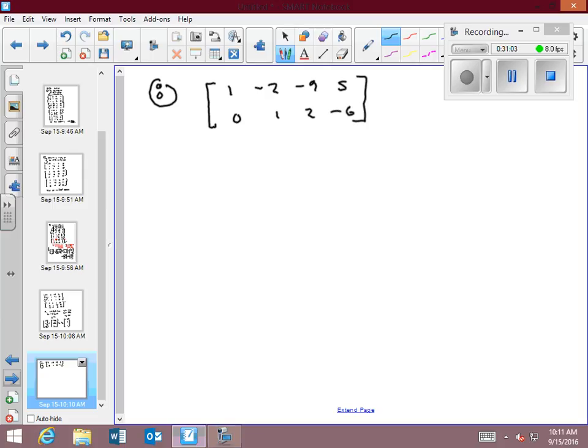Now, what this is saying is that this is the A matrix. So technically, it has 2 rows that are zeros. It has 2 free variables, because it has x1, x2, x3, x4. And it's a homogeneous type.